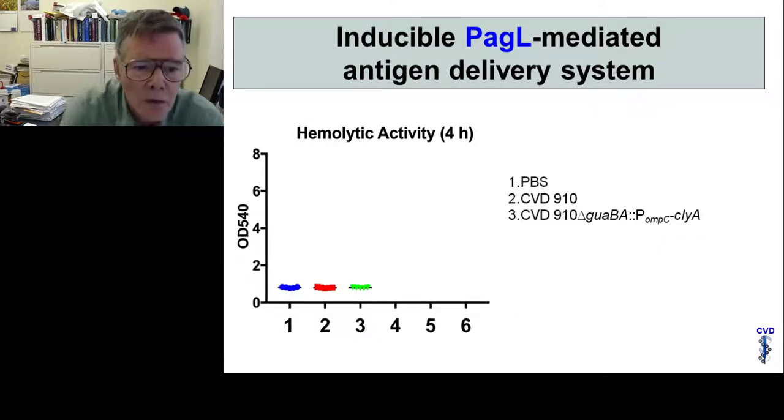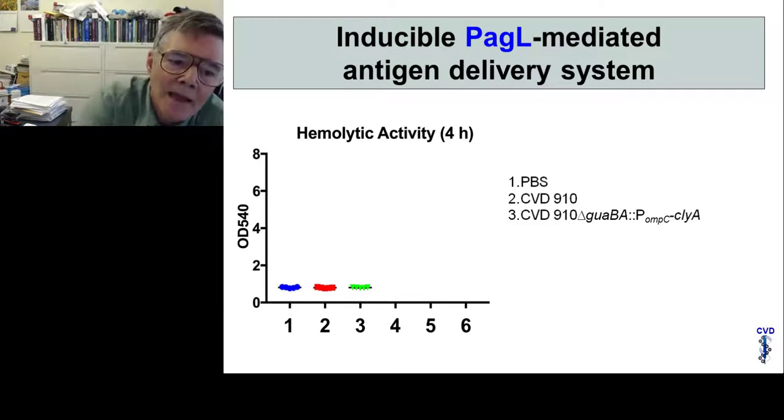So we wanted to find out if PagL actually did induce outer membrane vesicle formation in our carrier vaccine, CVD910. Okay, so this is a test of function slide here.